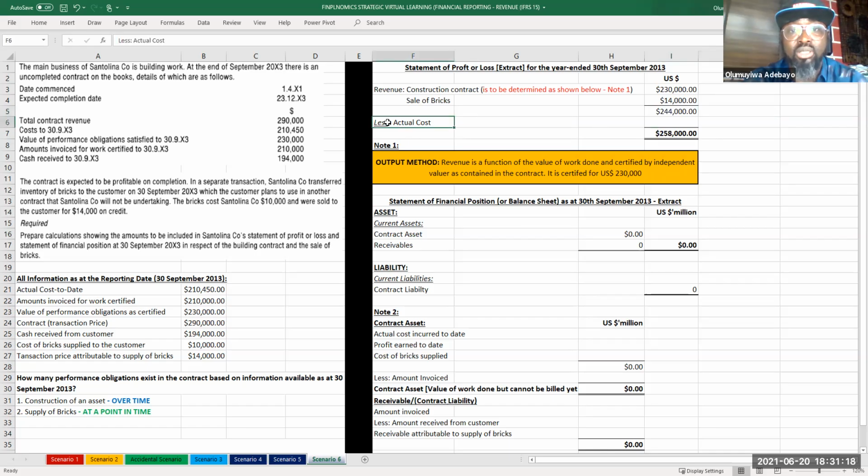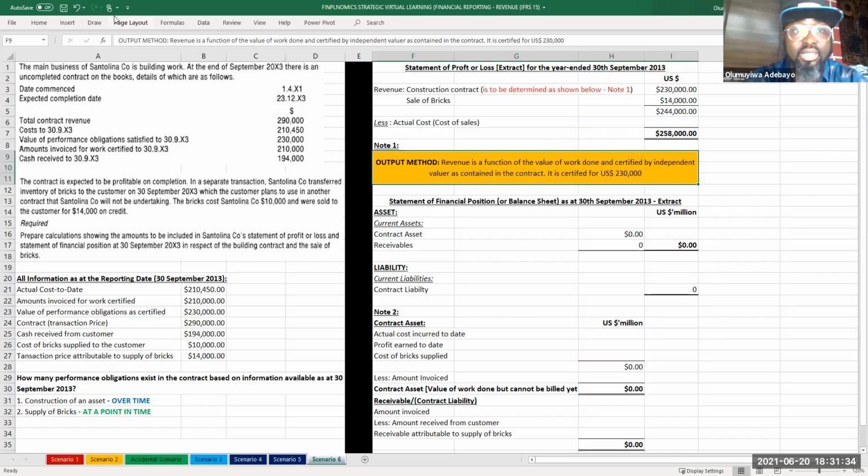Now we'll deduct the actual cost, which I can call cost of what? Sales. What is our actual cost? Our actual cost also is a function.